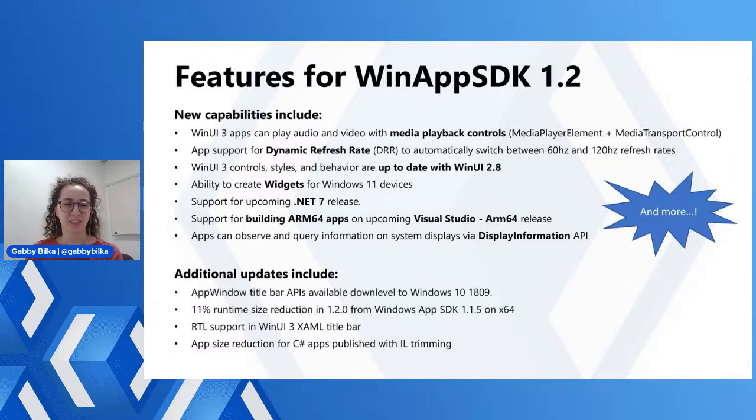Those capabilities include, as I've said before, WinUI 3 apps can play audio and video with media playback controls, support for dynamic refresh rate, which switches between 60 Hertz and 120 Hertz automatically, WinUI 3 control styles and behavior up to date with WinUI 2.8, widgets in Windows 11 devices, as you saw, support for the upcoming .NET 7 release, as well as support for building ARM64 apps on the upcoming Visual Studio ARM64 release on those native devices, as well as the display information API, as I mentioned.